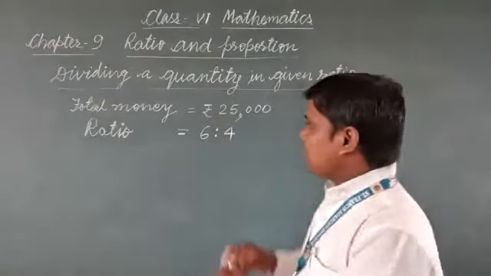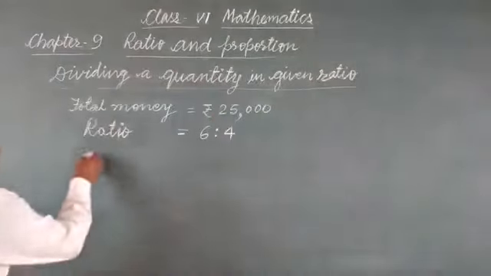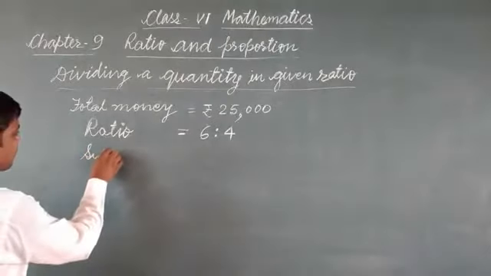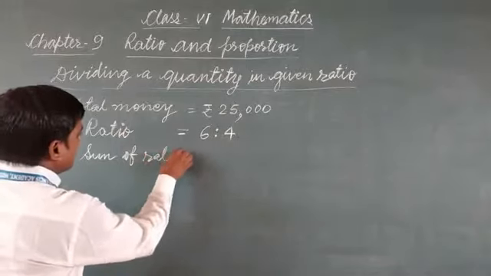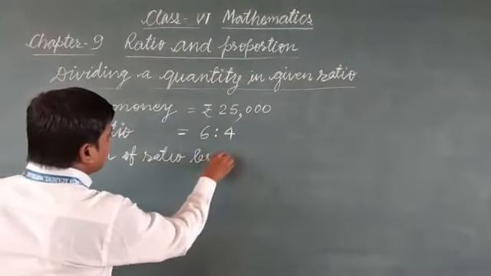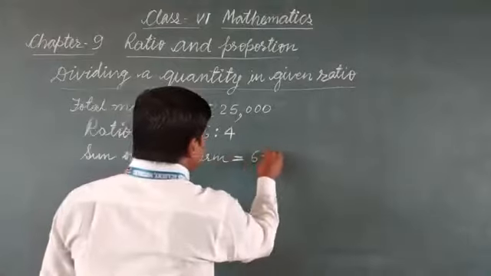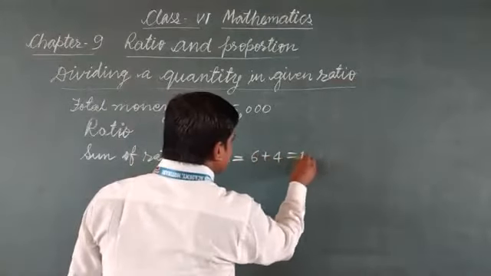To solve this kind of question, we write the sum of the ratio terms. We have 6 plus 4, that is 10.